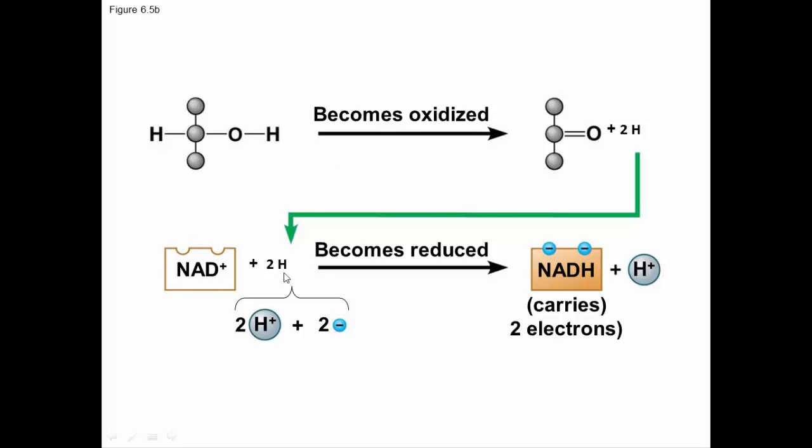In this case, NAD+ gains electrons and is reduced to NADH. So again, this is a redox reaction. We have something being oxidized, something being reduced. And you guys will become very familiar with these molecules on this slide once we start learning more about cellular respiration.